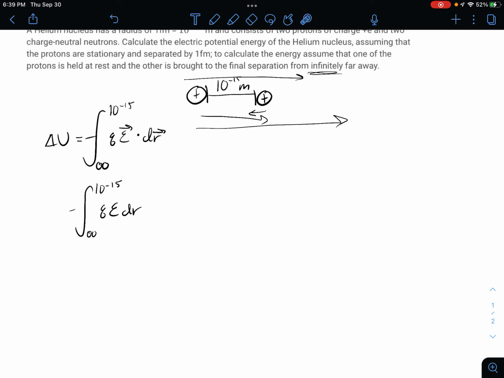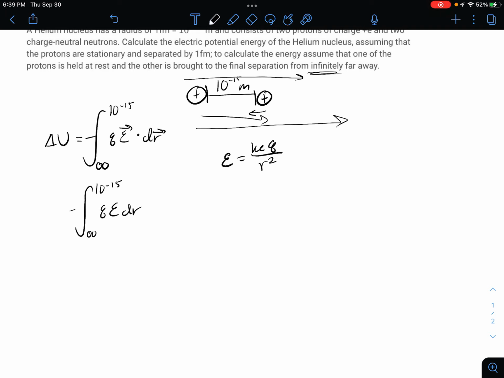And since this is just a point charge, we're going to be looking at the field caused by this proton here. So it's a point charge, so our field is just the equation for the field, k_e Q over r squared.